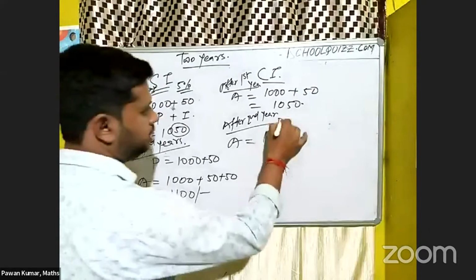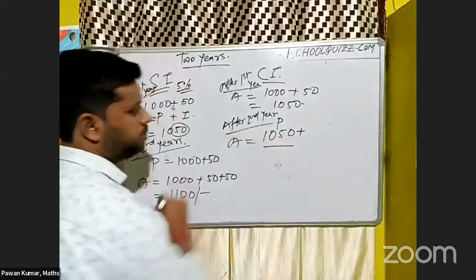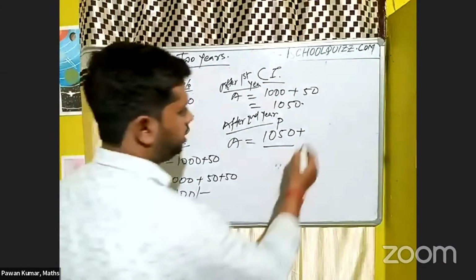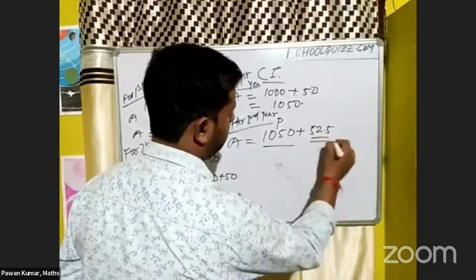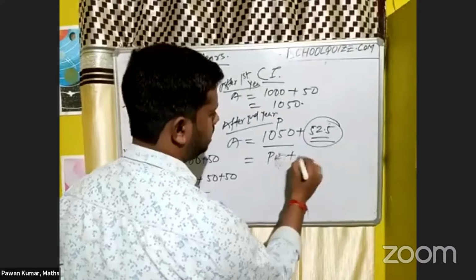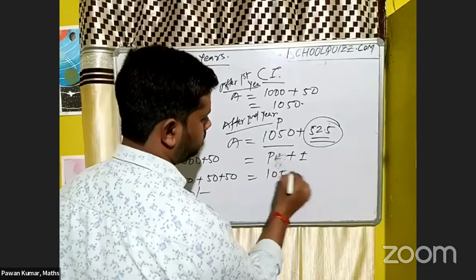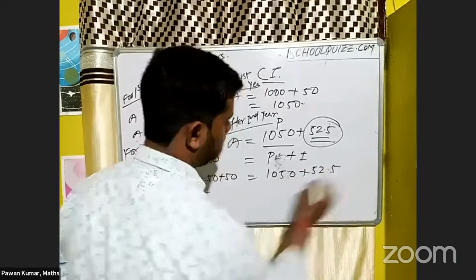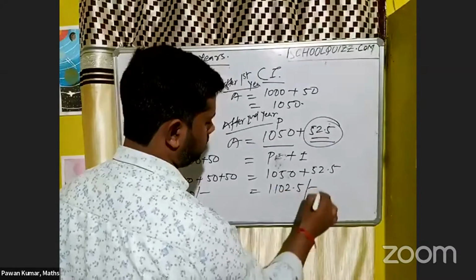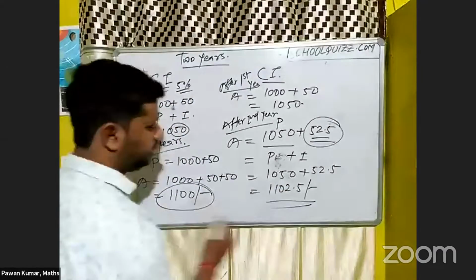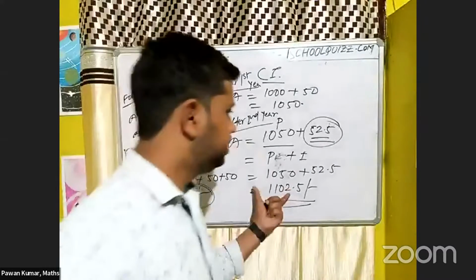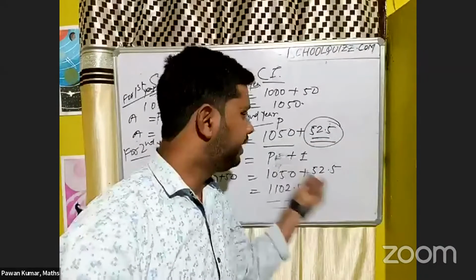That will be the principal, and again they will charge interest on this principal. 5% of 50 rupees is 2.5, so again 52.5 rupees they will charge as interest. So the amount at the last year is principal 1,050 plus 52.5, which is 1,102.5 rupees. See, here 1,100 and 1,102.5 is a difference, meaning they are charging interest for interest also.